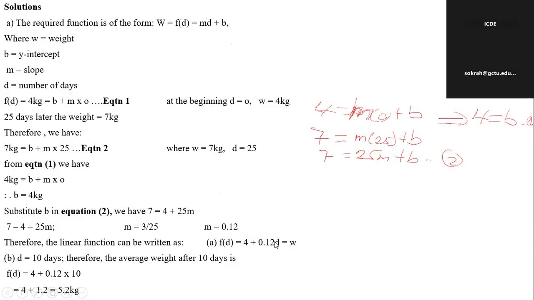So this is the function that the question wants you to write in terms of W. So W is equal to 0.12D plus 4, or 4 plus 0.12D equals W. So all that we were doing from the beginning was to arrive at this. Any question on that before I continue?